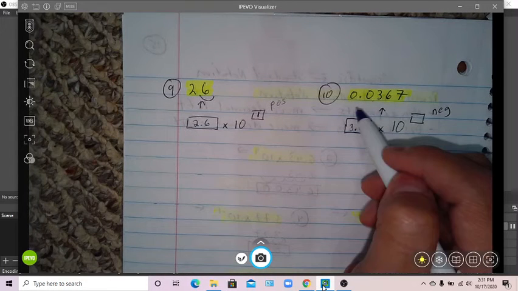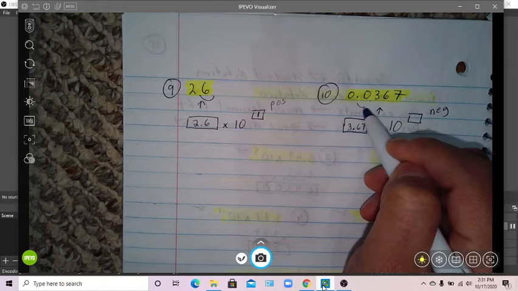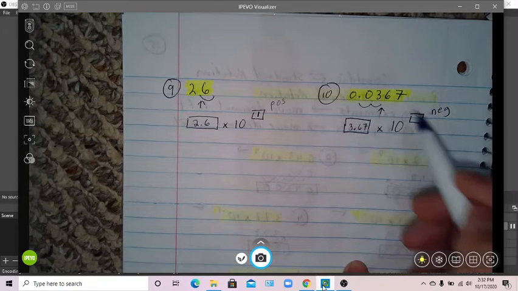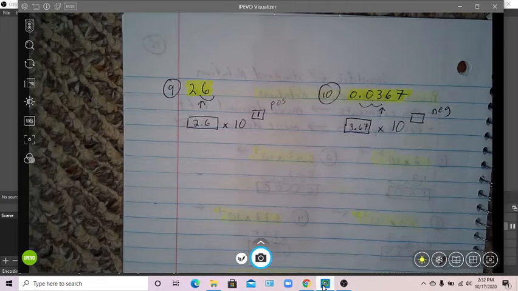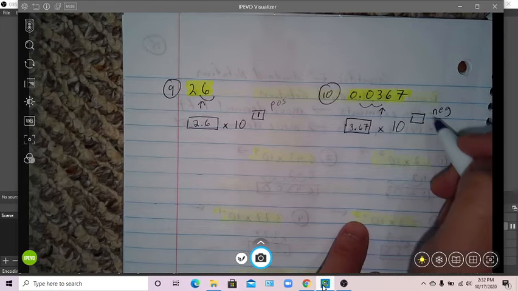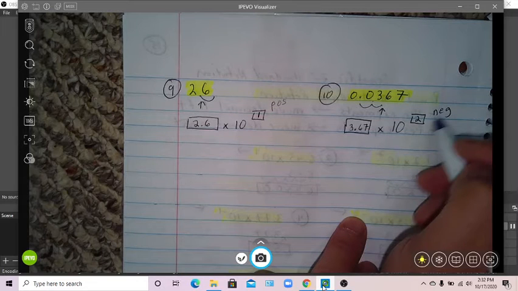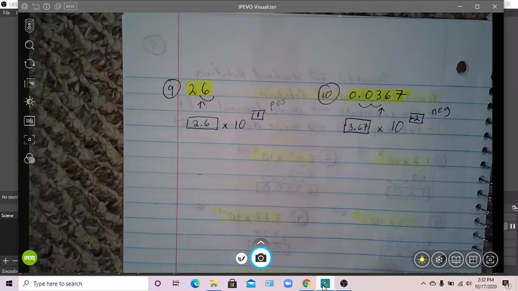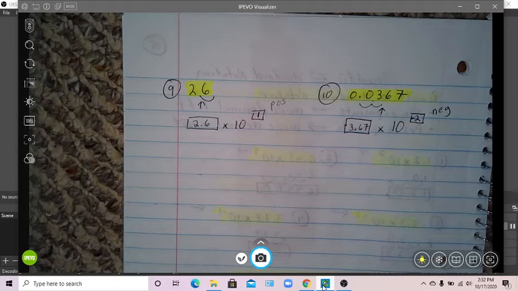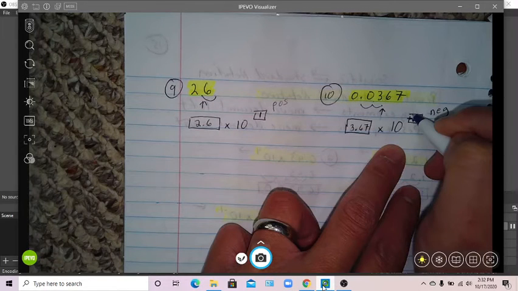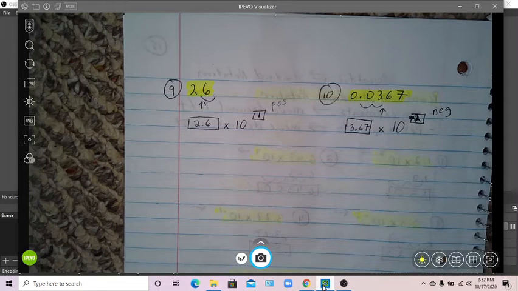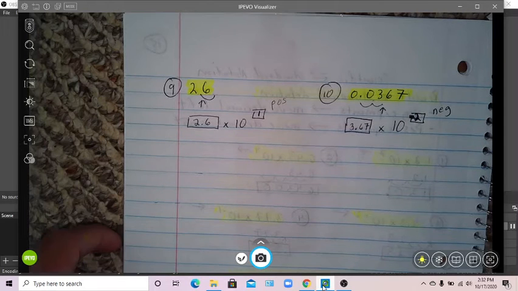We're moving it 1, 2 times. So 3.67 times 10 to the second power. Oh, and negative, so negative second power. It's good to put the negative there, because if you put a positive 2, IXL will say it's wrong.